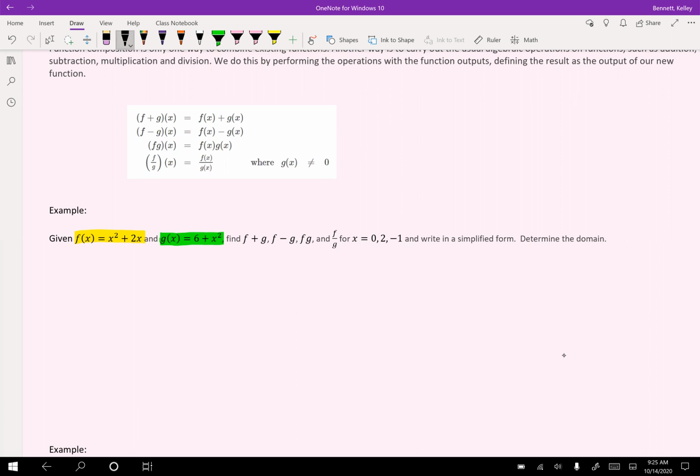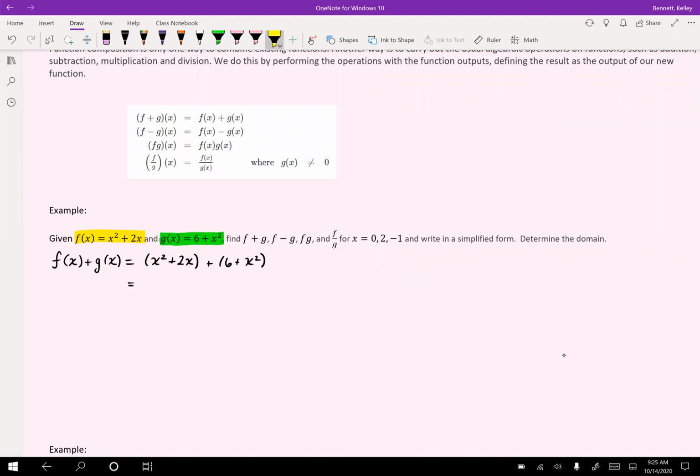So just in general, f of x plus g of x is going to be x squared plus 2x plus 6 plus x squared. And so I can actually combine like terms here because the parentheses aren't really doing anything for me.